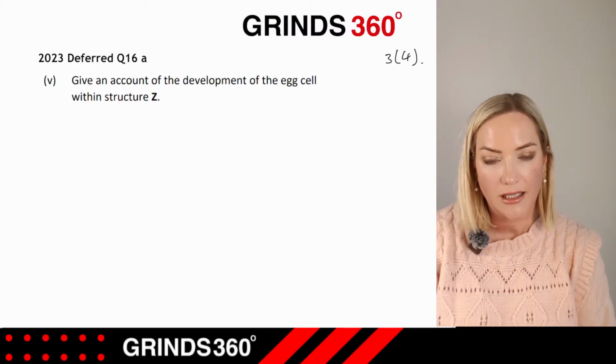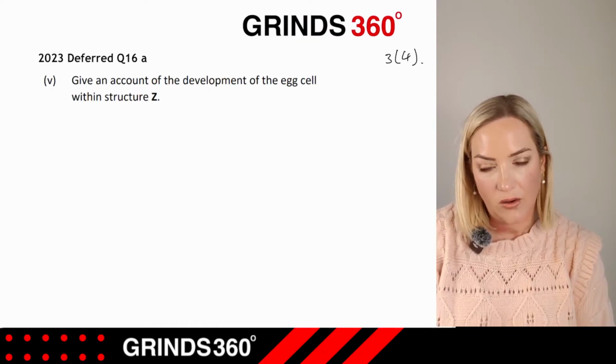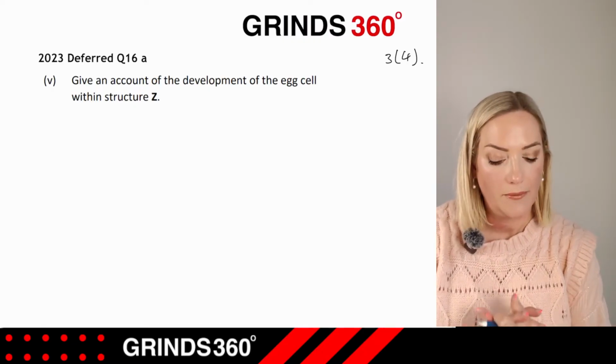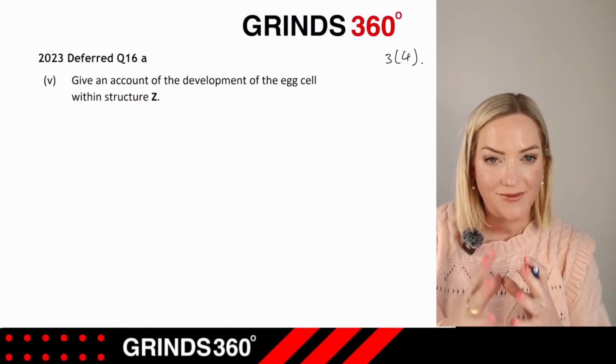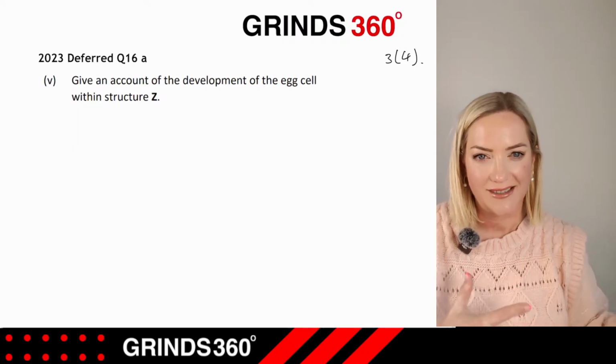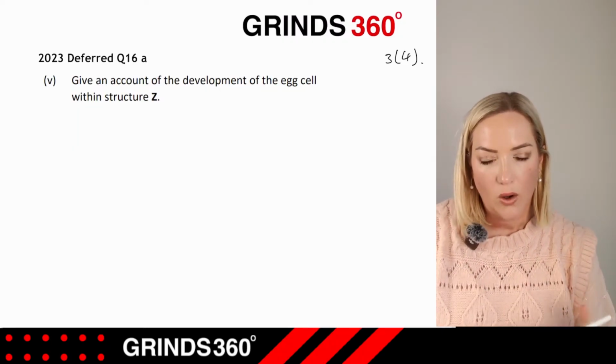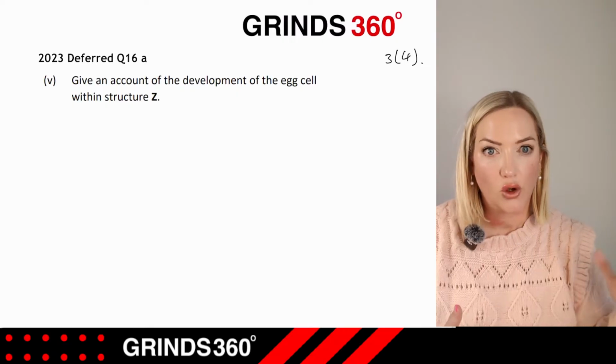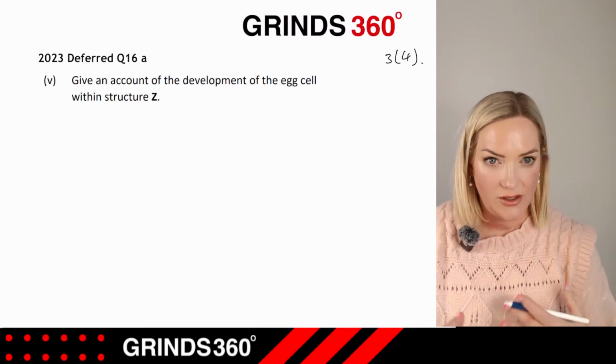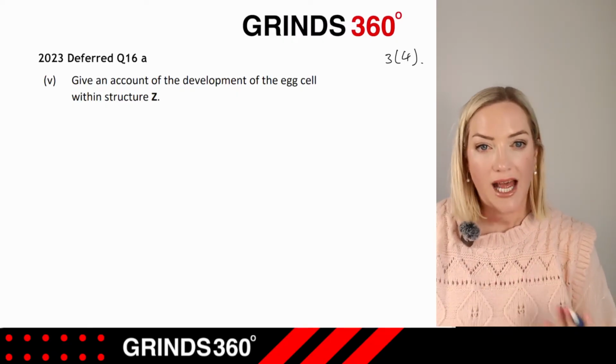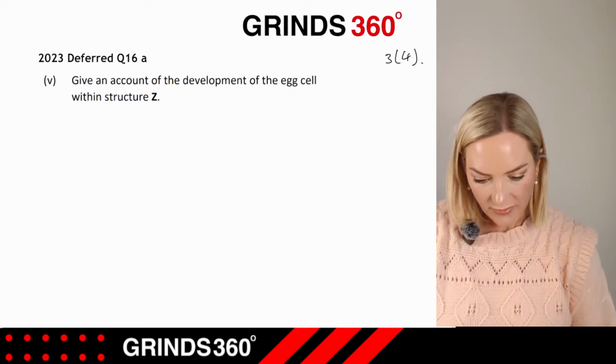It doesn't say here, do not draw a diagram. If you see do not draw a diagram to aid your answer, then don't draw a diagram. Or it might say a diagram may be drawn to aid your answer. That means you can draw a diagram, but you don't have to.